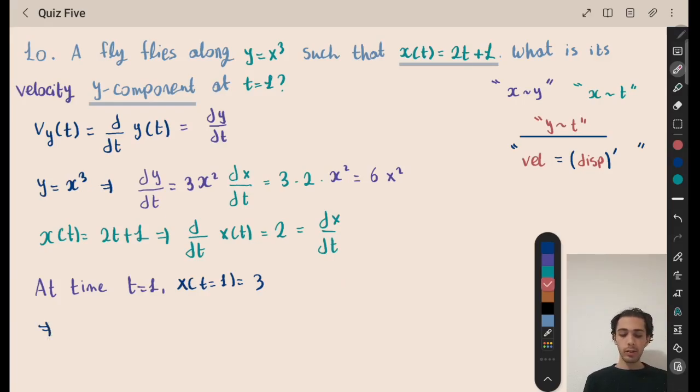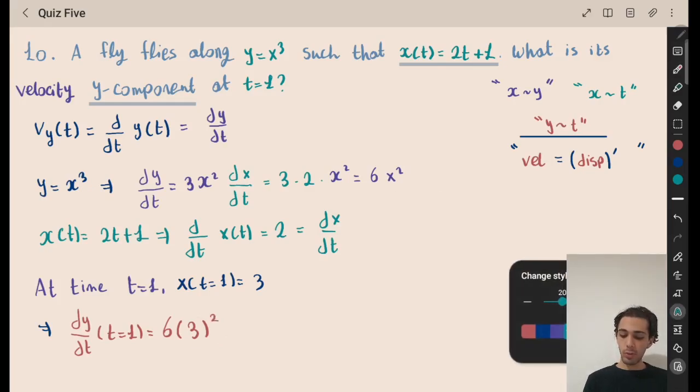So finally I can write that dy/dt, which is a function of time, at t equal to 1, is going to be 6 times, well, the value of x at t equal to 1 is 3. And then you square that, because this is what we are doing here.